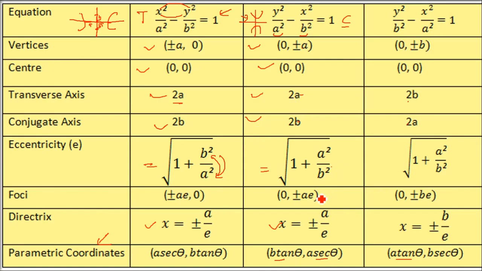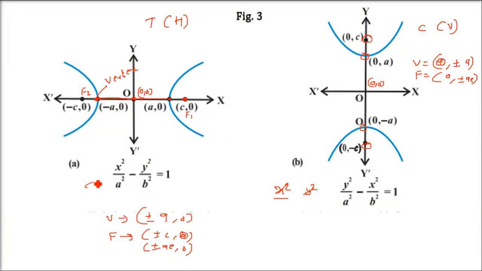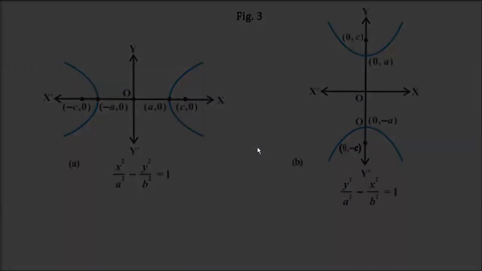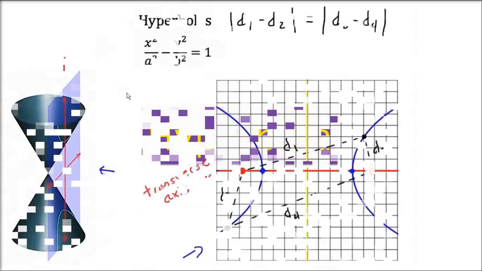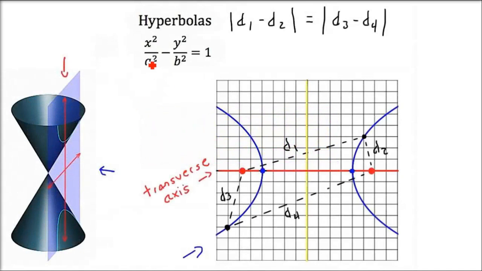So this we are going to discuss, because in the next discussion I'm going to prove this equation. How has this equation come? Hyperbola equation, derivation, proof. As we have discussed already, x square by a square minus y square by b square equals 1. This is the equation of the hyperbola.